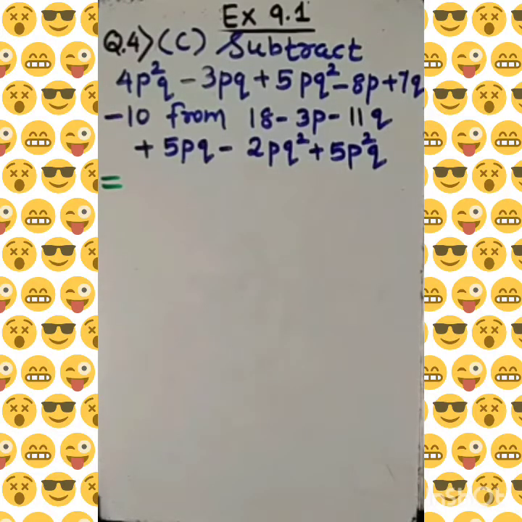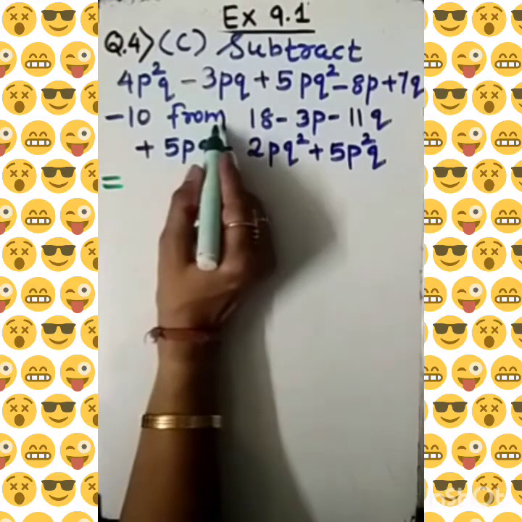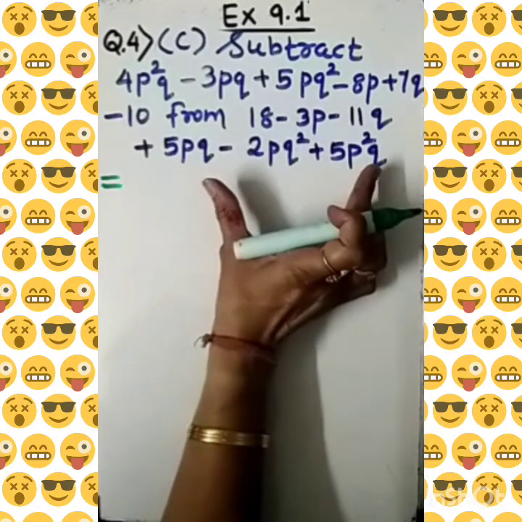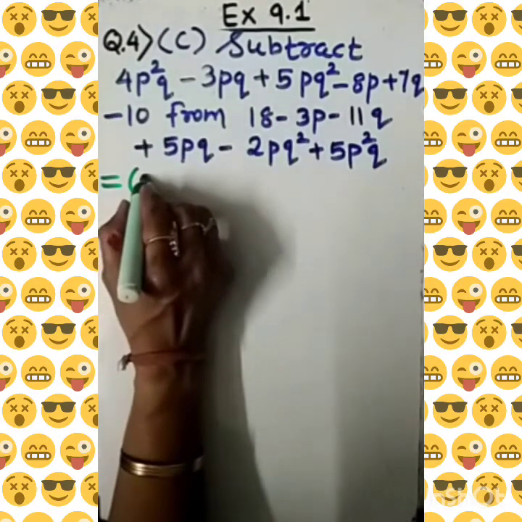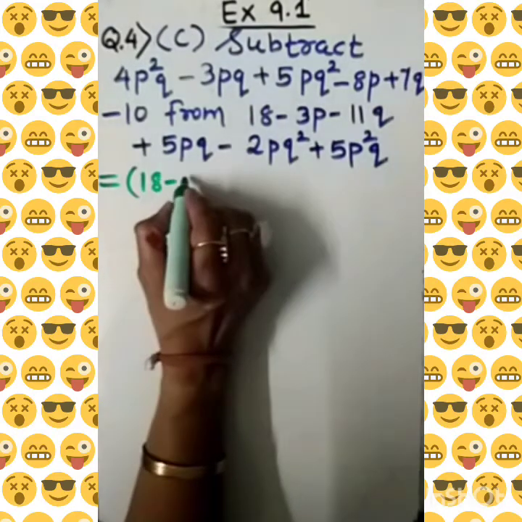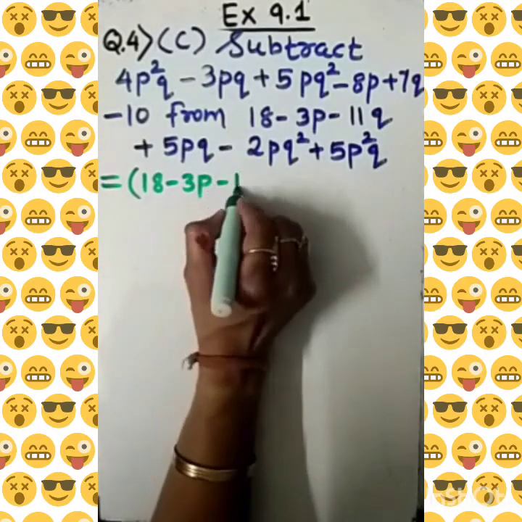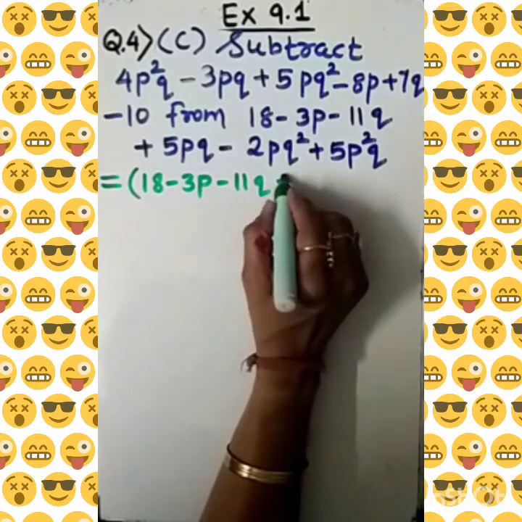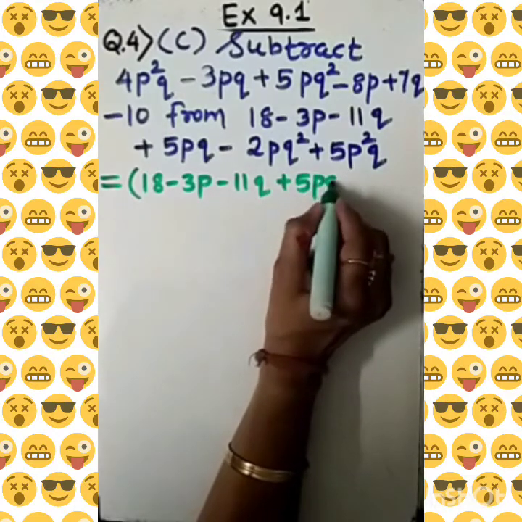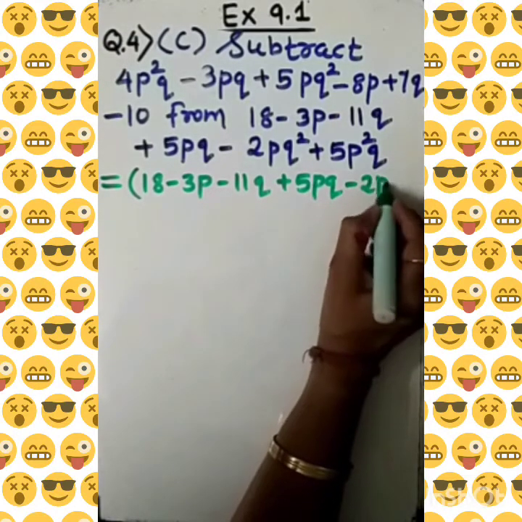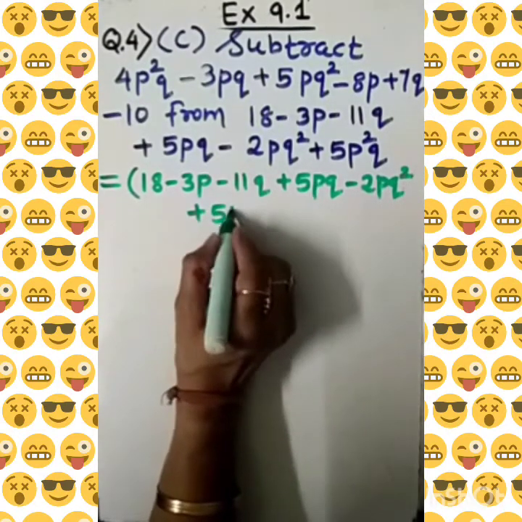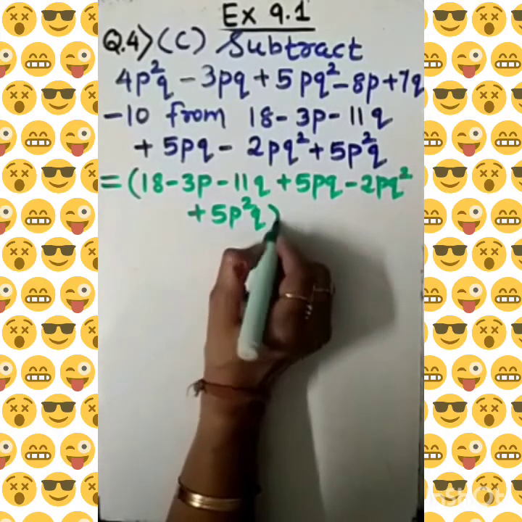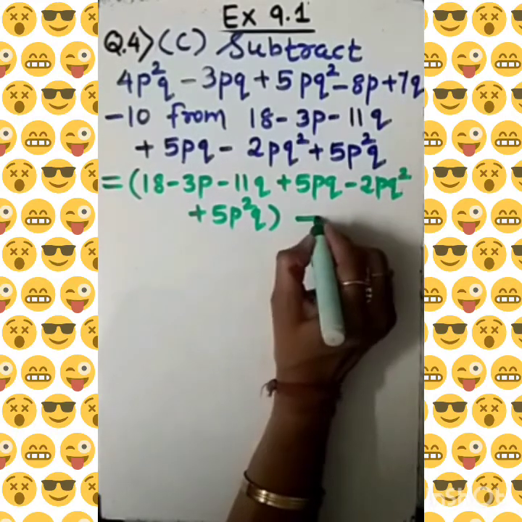Okay. So as usual it is from given. From indicates that we have to write this expression first. So let me write it in bracket. 18 minus 3p minus 11q plus 5pq minus 2pq square plus 5p square q, and between that the minus sign is here.